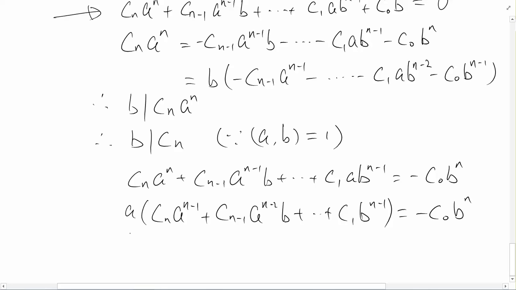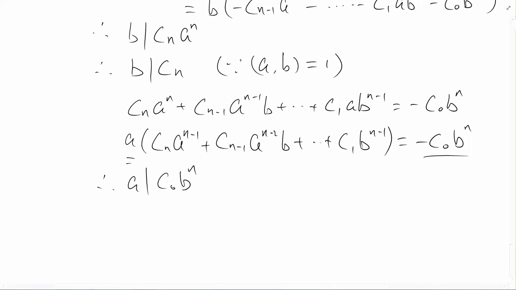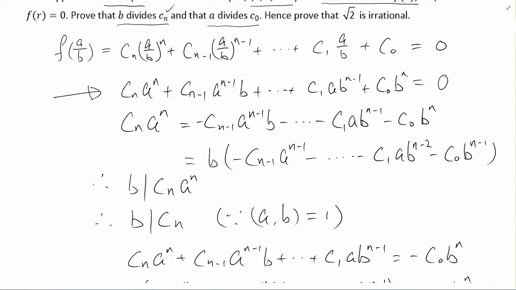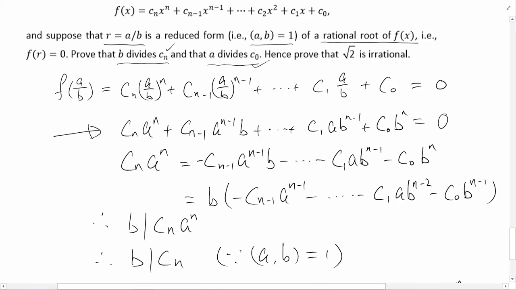And so you can see that a is a factor of C naught b to the power n. Therefore a divides C naught b to the power n, and again a divides C naught because a and b are relatively prime. Therefore we have shown the first two parts: b divides Cn and a divides C naught.